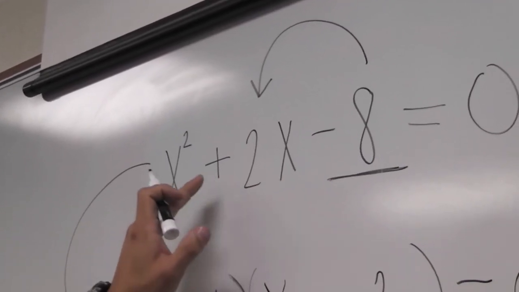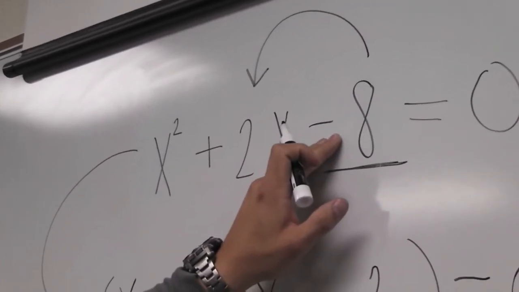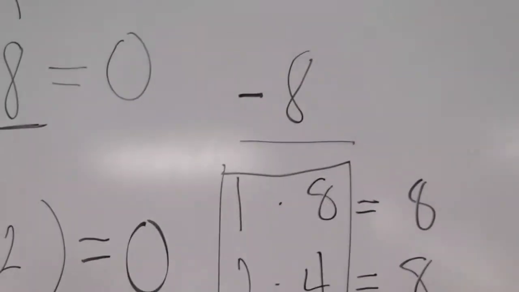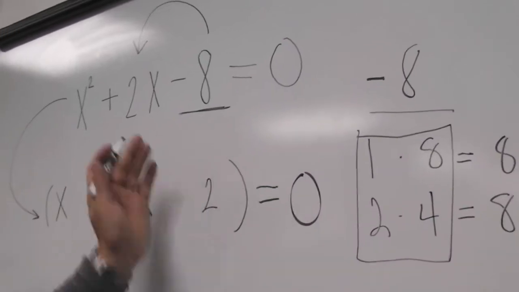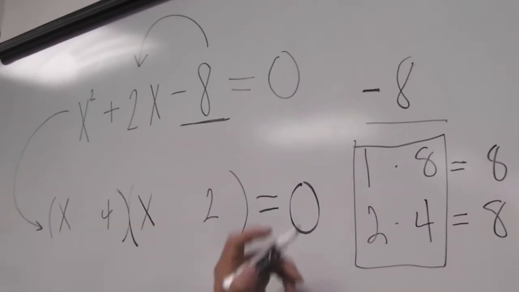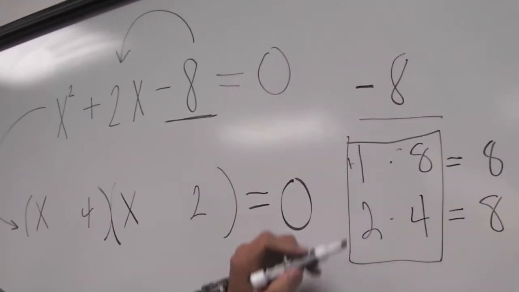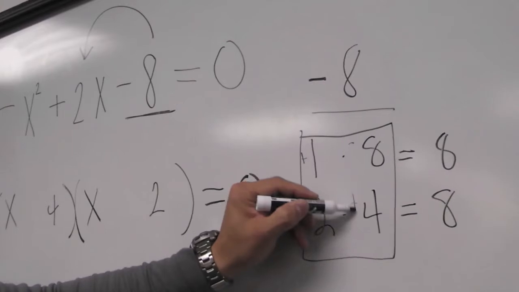Well, we know that this positive sign is important, and we know this negative sign is important. We also know that we have to have a negative 8. So that means that if we have a negative 8 that needs to happen, then we know that this has to be negative or this has to be negative. Which means that this also has to be negative or this has to be negative and positive.